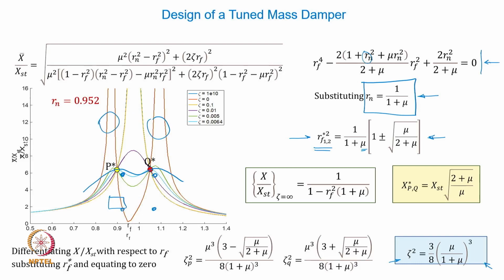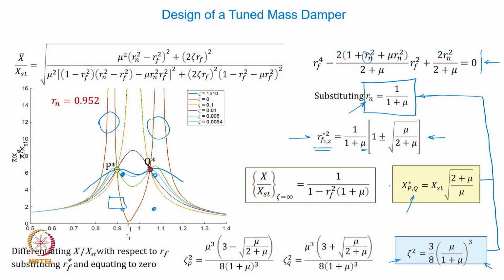So in a nutshell, what we have seen is that, leaving aside all these derivations, there are two or three important expressions that are necessary for the appropriate design. First is tuning the absorber so that the natural frequency ratio is given by this expression. Now there are two ways. One is, you fix the value of mu and then find this ratio and figure out what maximum amplitude gets reached.